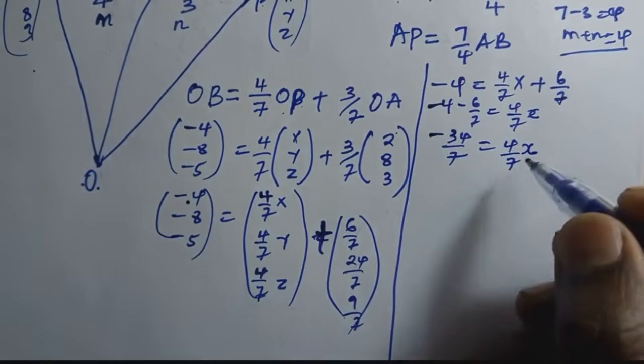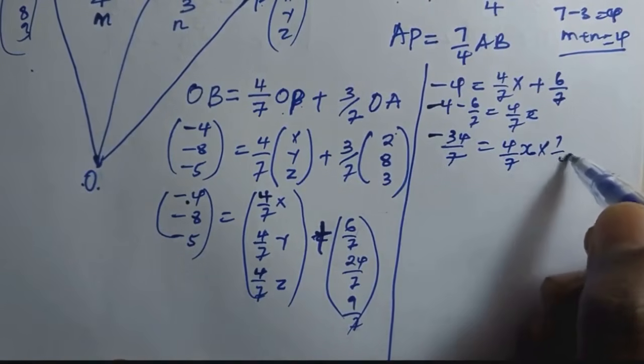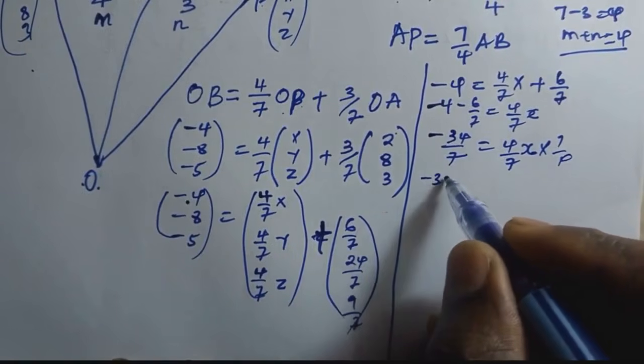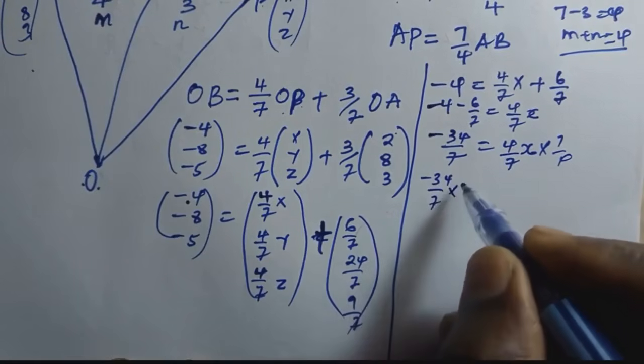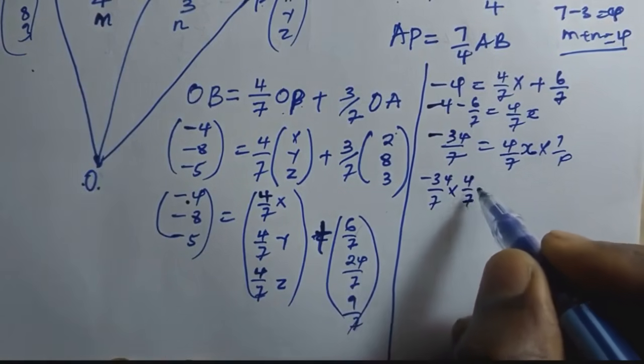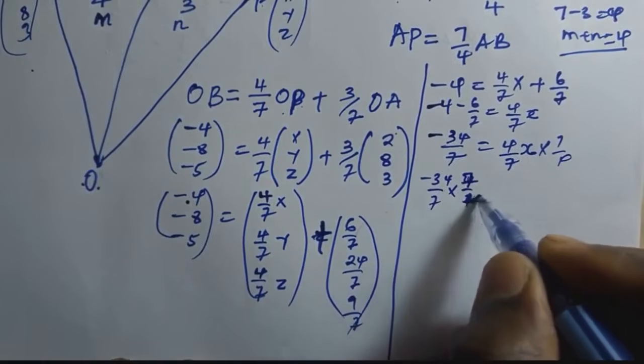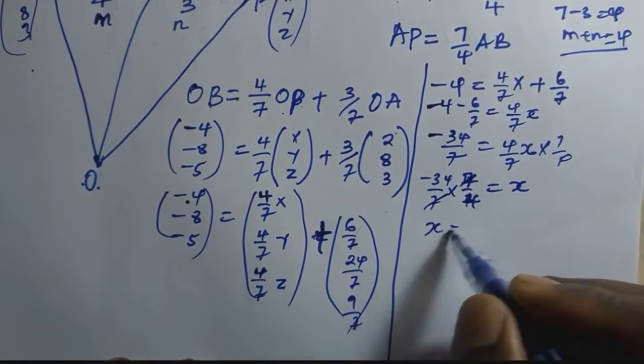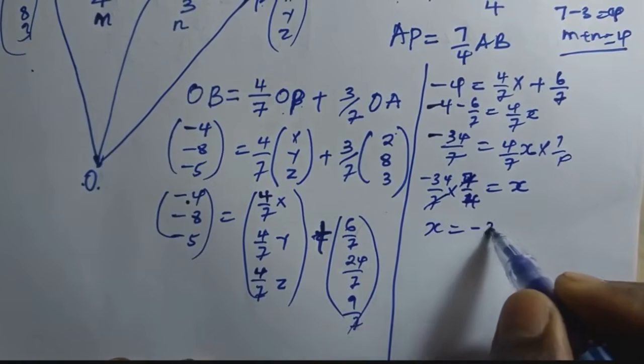We want x, so what you do is multiply both sides by the reciprocal of 4 over 7, that is 7 over 4, both sides. So negative 34 over 7 times 7 over 4, that is the value of x. So x you will get is negative 8.5.